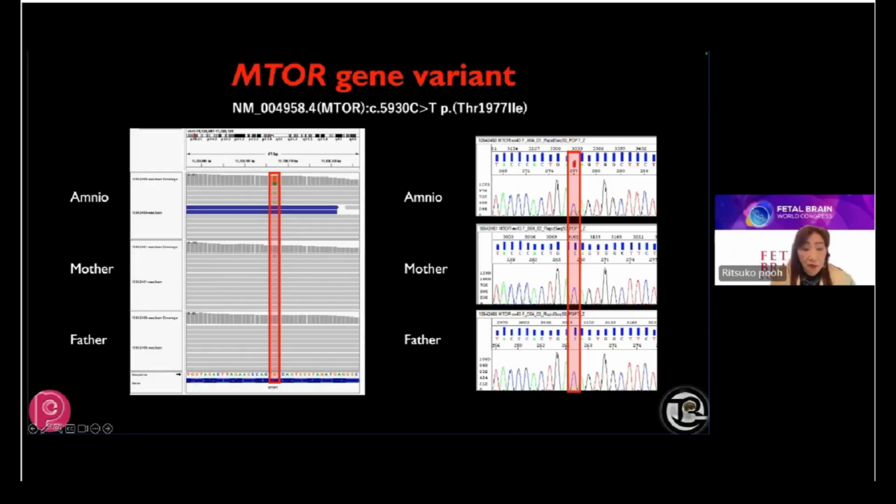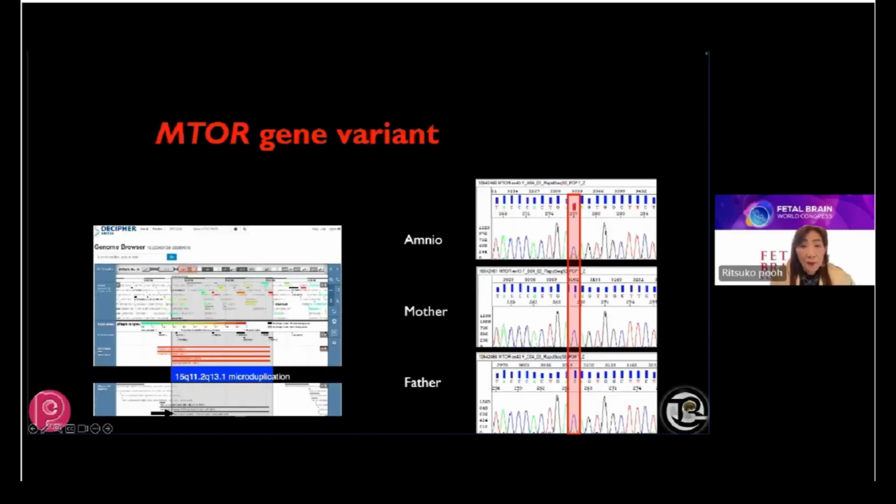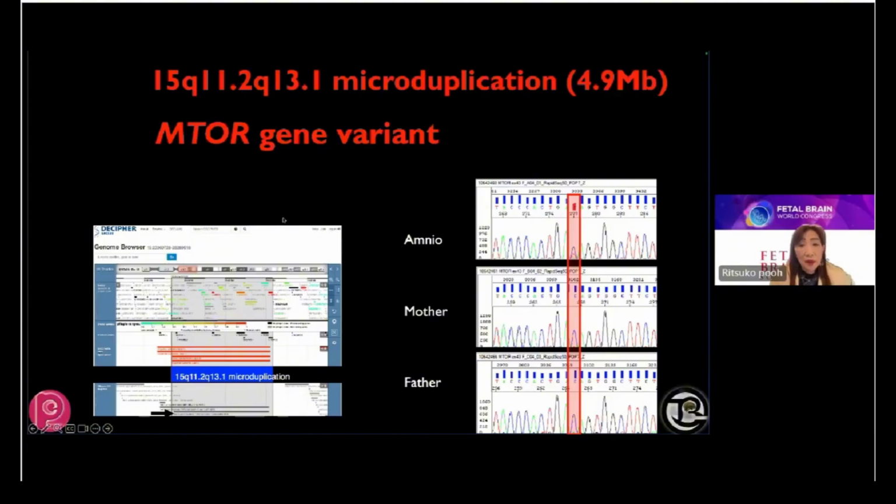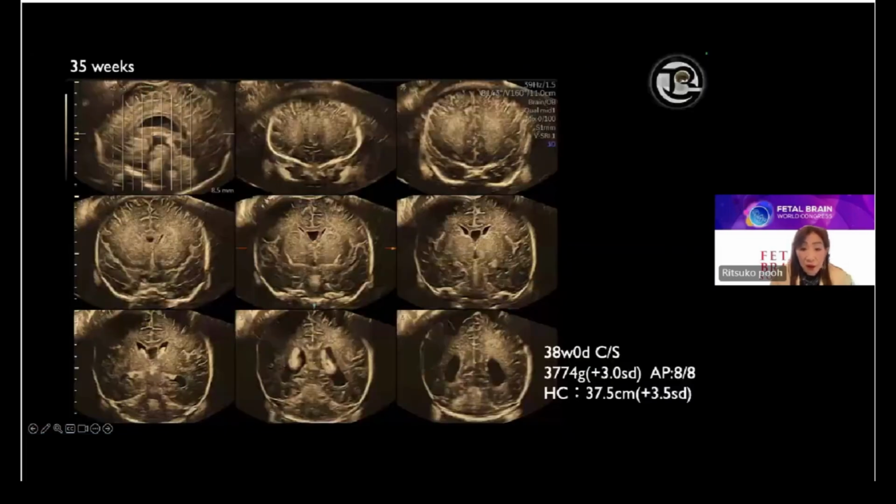So actually, this is in the mTOR pathway, and here you can see this is the double gene variant, the microduplication and the mTOR gene variant. And this is the 35 weeks brain in the same case with abnormal gyration.